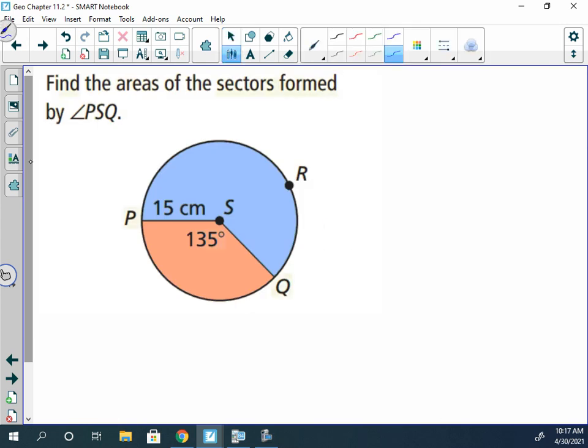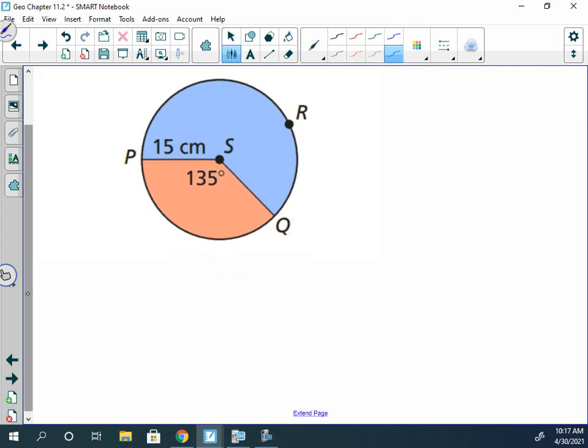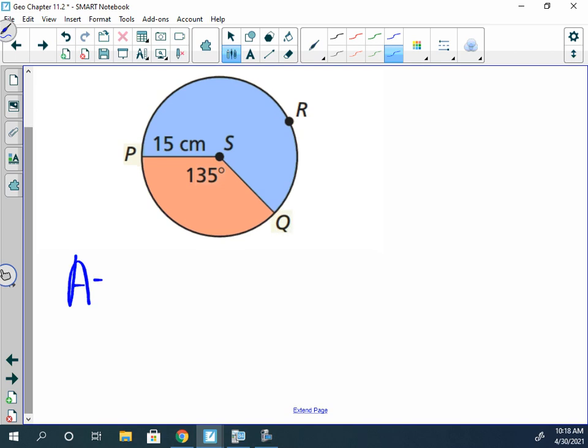Let's look at another one. Let's look at this one here. Now they told us that we want to find the area of the sector. So our area of the sector is equal to the arc measure over 360 times pi r squared. And what's our radius?